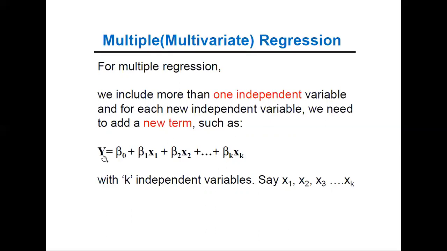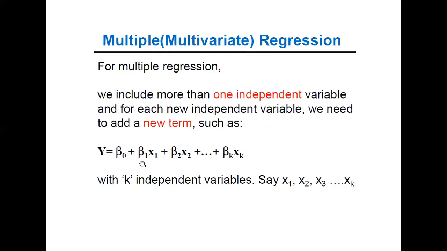So now your dependent variable is y and the right-hand side variables x1, x2, x3 and so on up to xk are independent variables. Beta 1, beta 2 and so on up to beta k are the coefficients of the respective independent variables x1, x2 and so on up to xk.